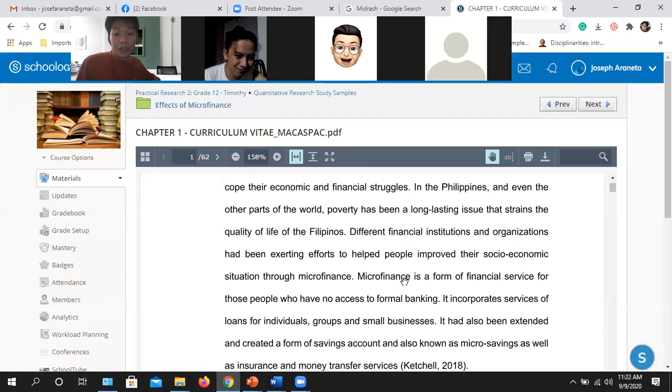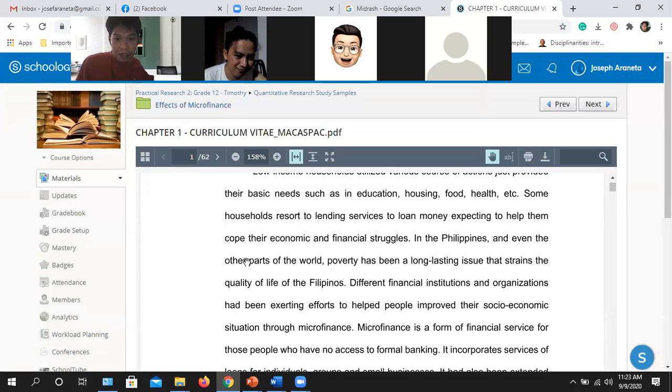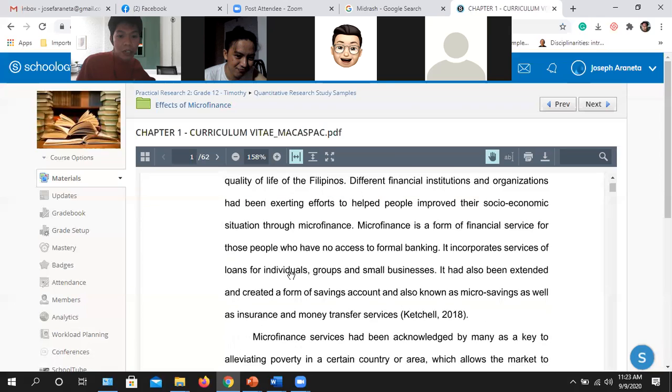And in order to alleviate poverty, people created microfinance in order to suffice the financial problems. And then they provided the definition of microfinance by using the definition of an expert in the field. So, this is how the first part of the introduction should be written.